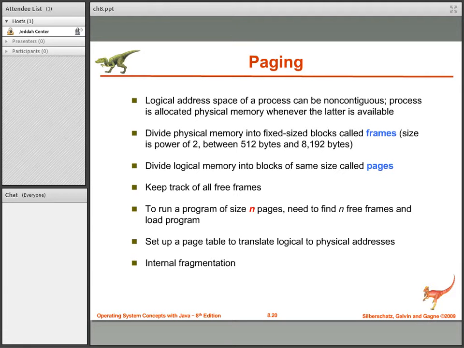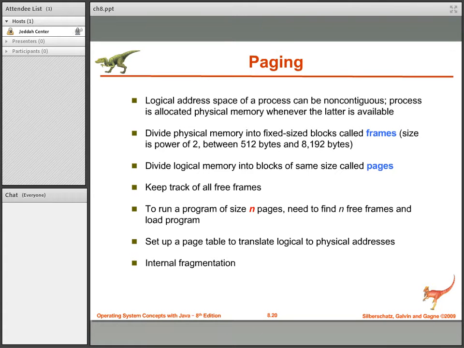What we do in this case to overcome such issue is we divide the physical memory into fixed size blocks. So now we are not dealing with the main physical memory as one large block.